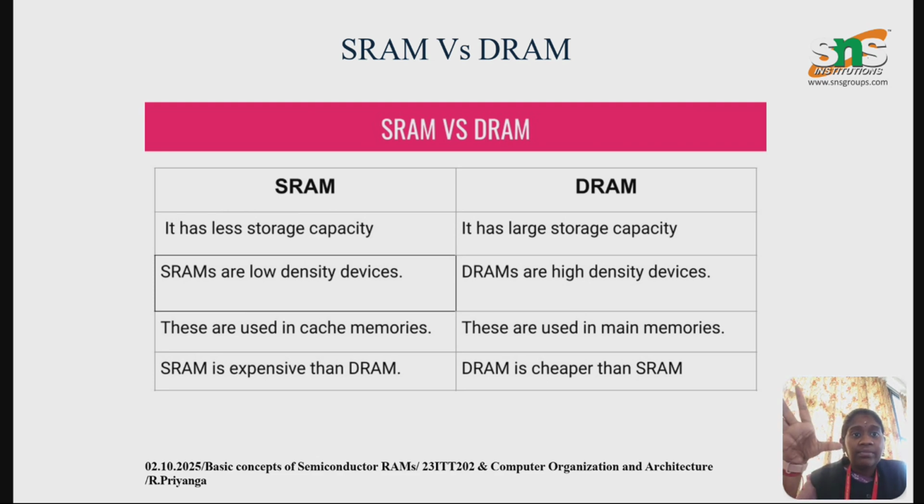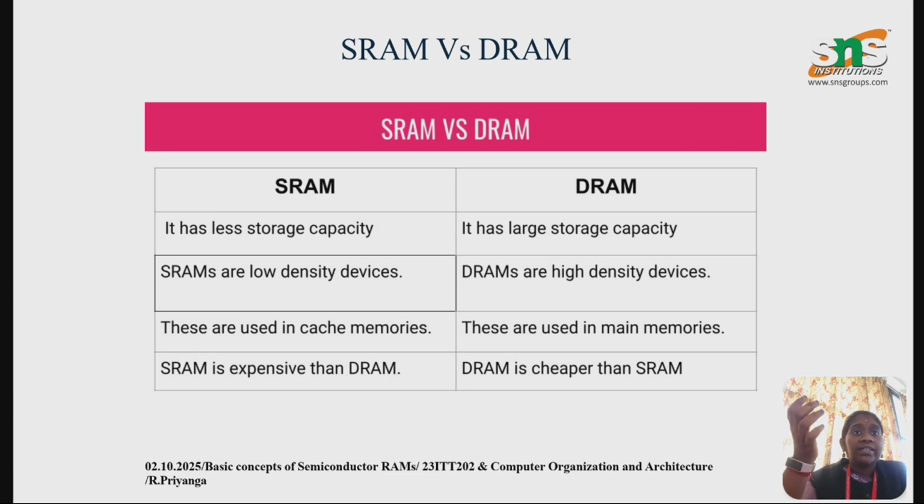DRAM is dynamic RAM. It has a large storage capacity because each bit is stored using one transistor and one capacitor. This allows many more bits to fit in the same area. SRAM is low density and DRAM is high density. Low density means fewer bits can be fabricated in a given area. High density means more memory per chip.